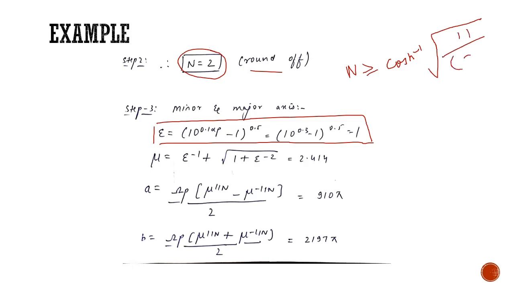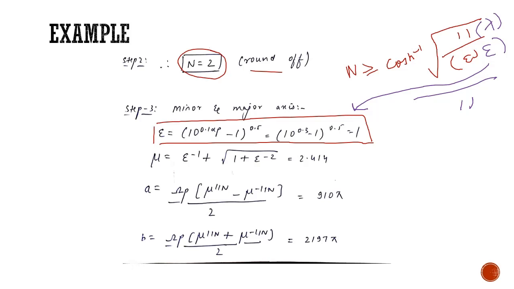This is epsilon. Let me change the color of my pen, please. This is epsilon, and this is lambda, and whatever is here. So we need this epsilon. We already know that value given that we have calculated the order of the filter.